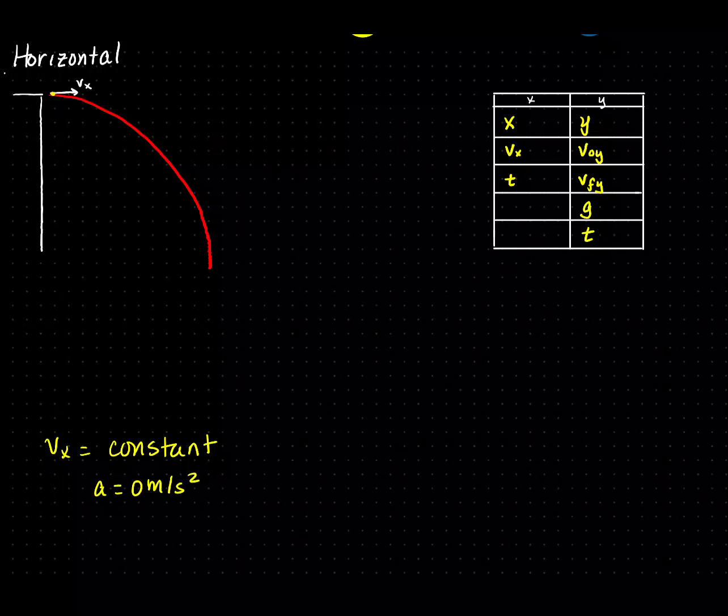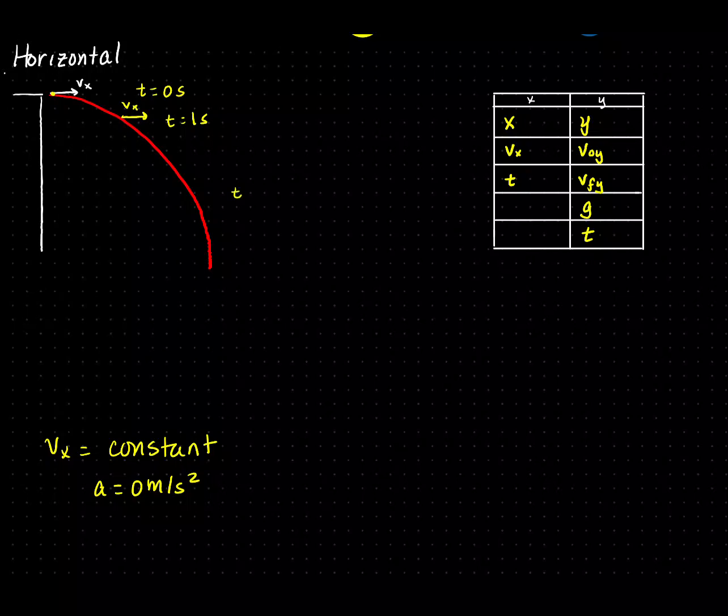So if the object is thrown with a velocity Vx at t equals 0 seconds, a second later at t equals 1 second, my vector is still the same. Why? Because there is no acceleration. So the Vx is the same length and direction.